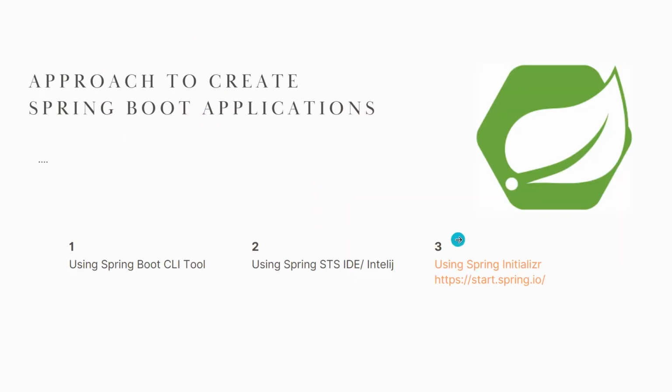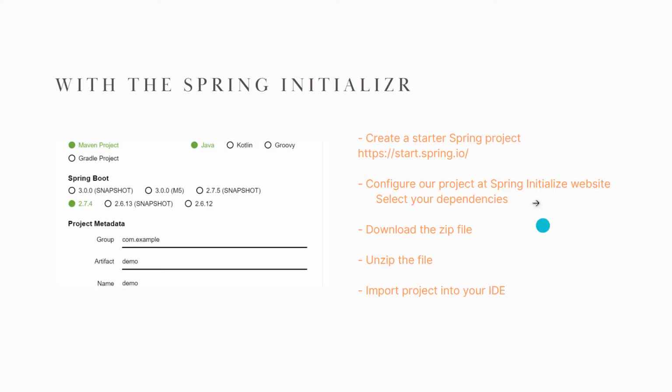We have some approaches to create a Spring Boot application, like using Spring Boot CLI, a tool, or the website spring.io, Spring Initializr. In this video, I just focus on using Spring Initializr to create the Spring Boot project.